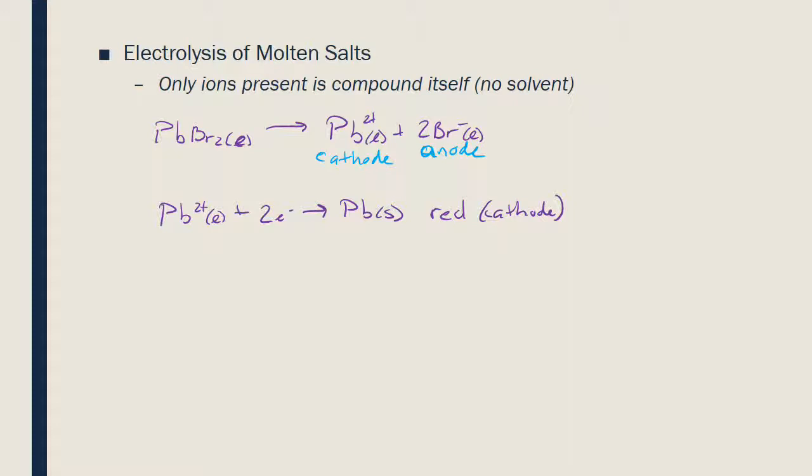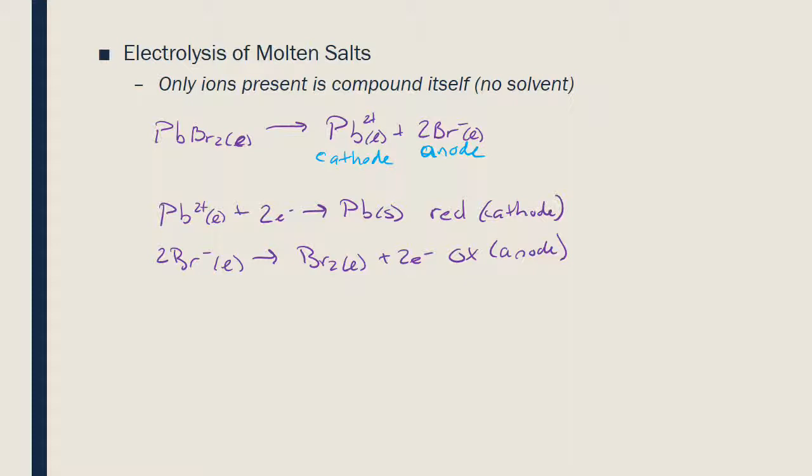Bromide, and remember there's 2 of them because we had PbBr2, so 2 bromide ions, is going to the anode to be oxidized to release its electrons. So that means we're going to get Br2, which is a liquid in its natural state, and it's going to release those 2 electrons back onto the circuit to go back to the cathode. So this is showing that bromide is being oxidized, and it's being oxidized at your anode.